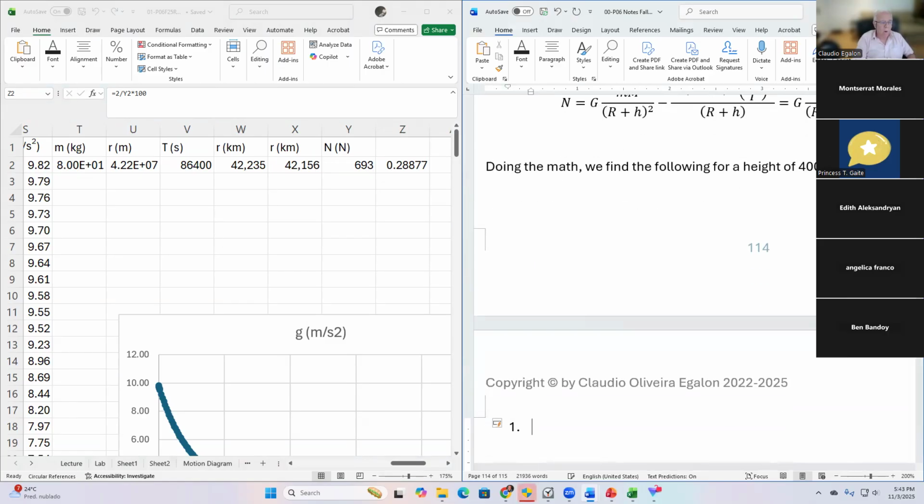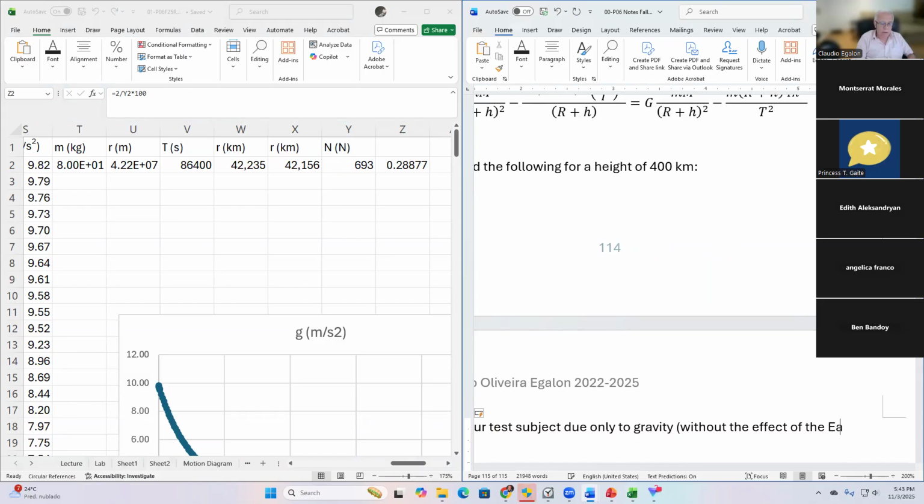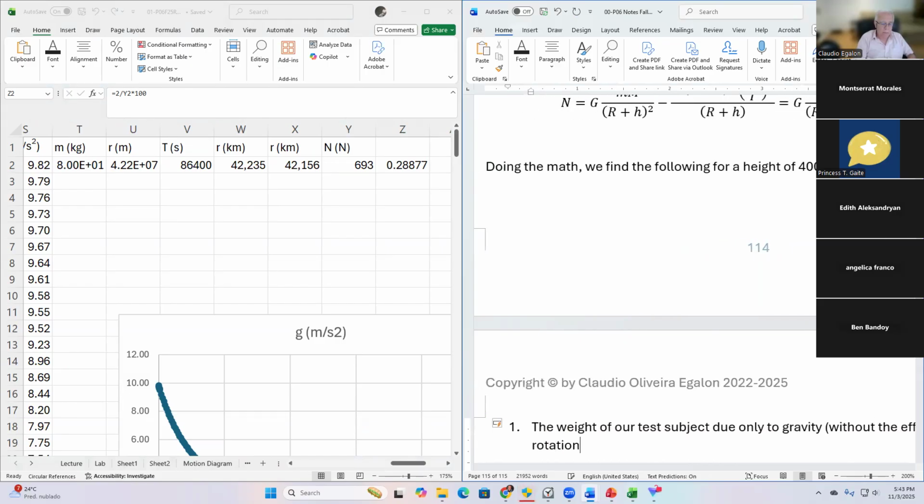One, the weight of our test subject due only to gravity, in other words, without the effect of the Earth's rotation, is 695 newtons.